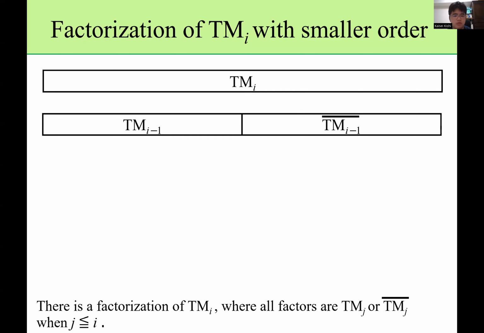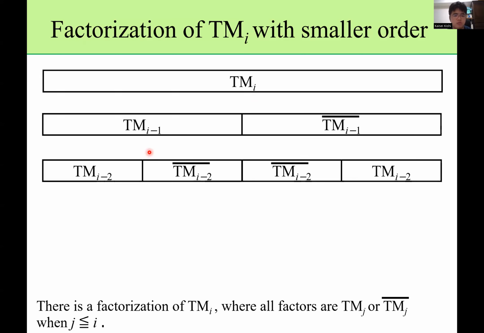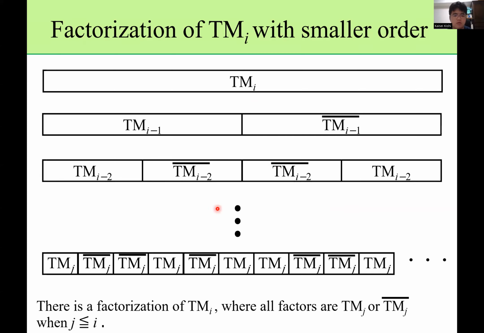And also this TMI minus 1 and TMI minus 1 bar can be factorized into TMI minus 2 and TMI minus 2 bar like this. And when we repeat factorizing that, finally we can factorize the TMI with only using factors of TMJ and TMJ bar like this.